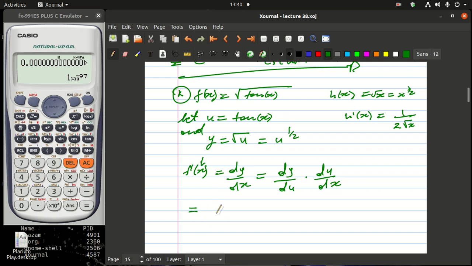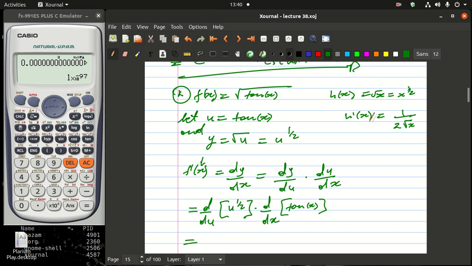And then if you proceed here, you will find we will end up having dy/du, and what was our y? Our y was actually u to the power 1 over 2, and then we still have du/dx, but in the value of u, I know that we ended up having tan of x. And what is the derivative of this?